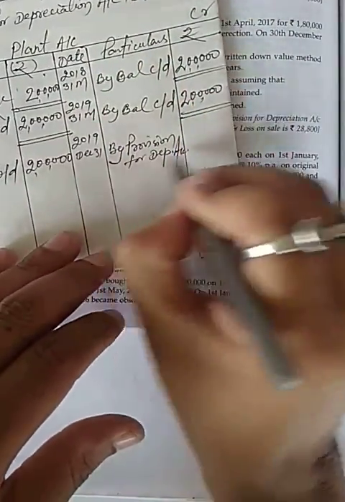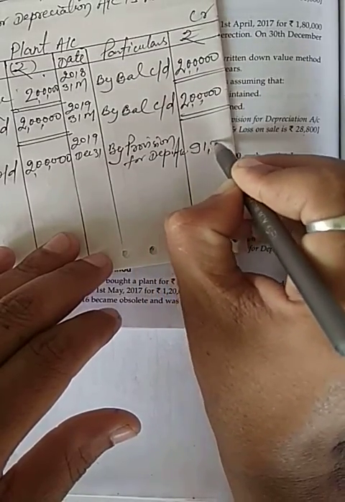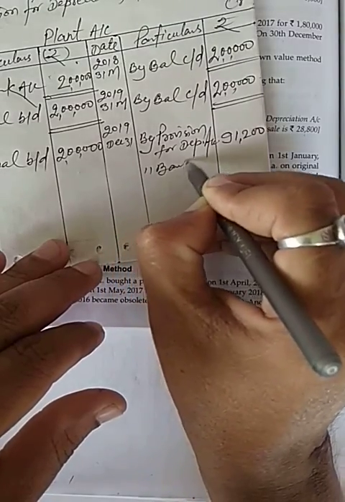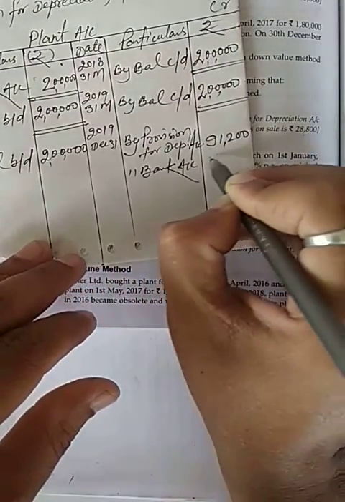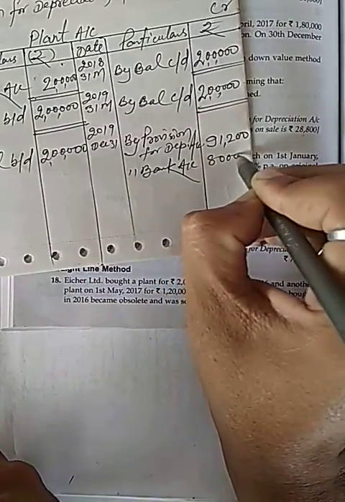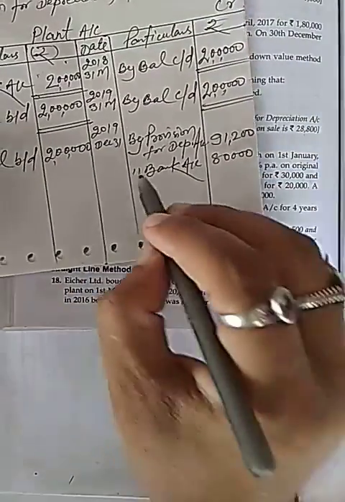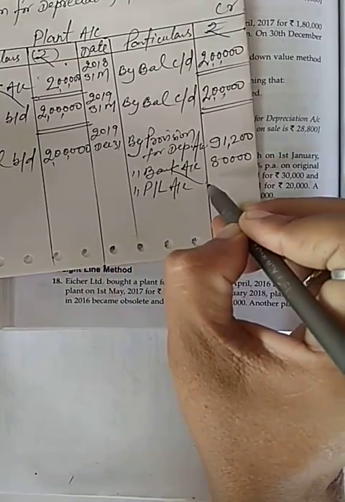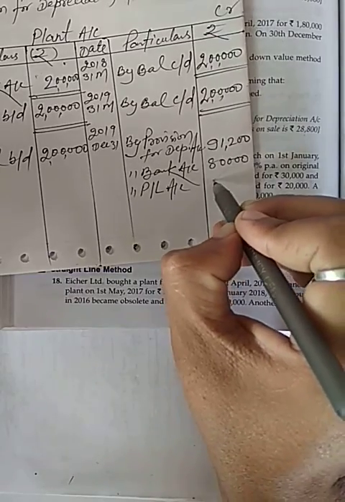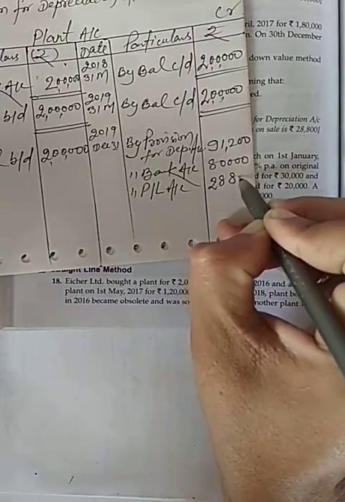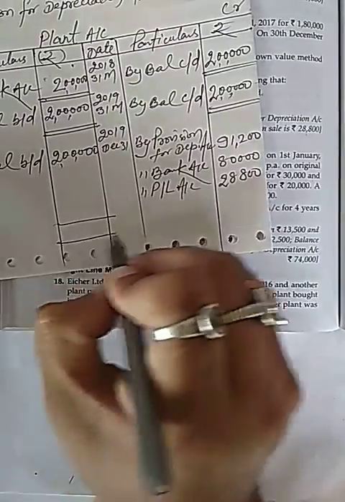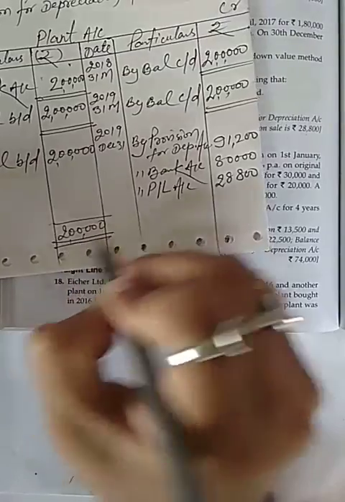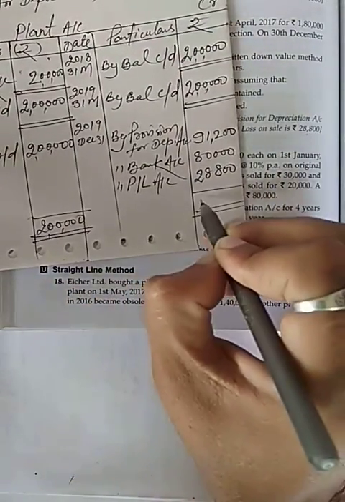So I will write provision for depreciation account 91,200, and by bank account it will be the same 80,000, and by profit and loss account it will be 28,800, and the total will be 2 lakh on both sides.